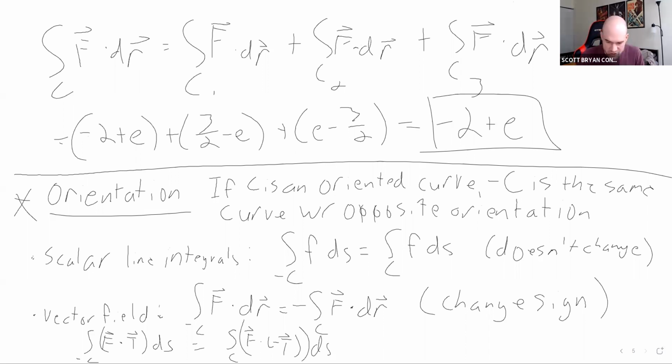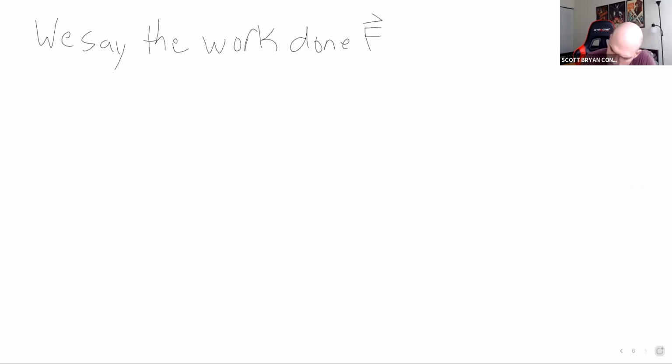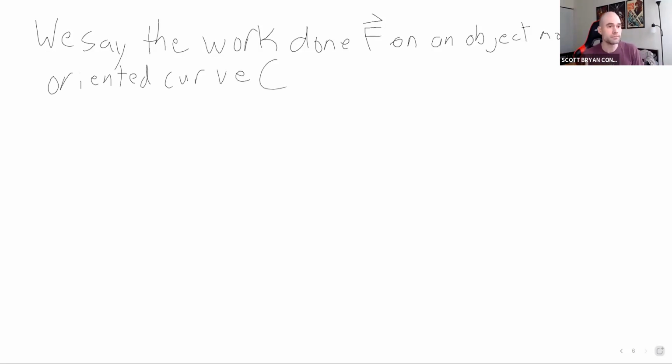Okay, and one last thing I want to mention for applications. We won't do any more examples, but just a different way a question could be worded is: if you have a vector field F, we say the work done by a vector field F on an object or a particle moving along an oriented curve C. If you have a question that says, what is the work done by this vector field as you move along a curve, that's just the integral of the vector field along the curve.